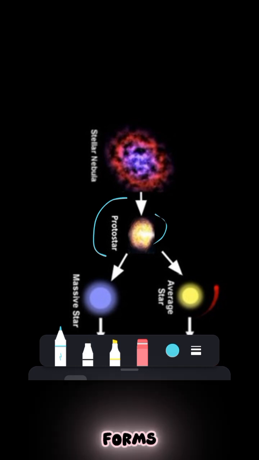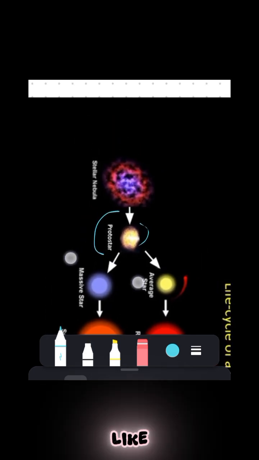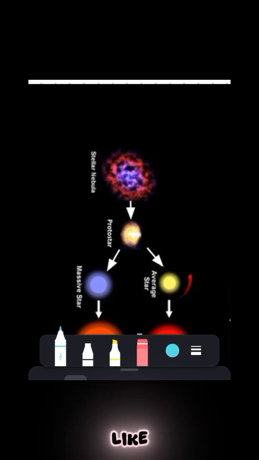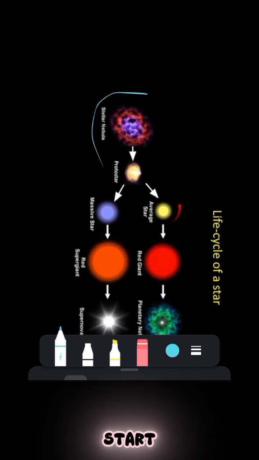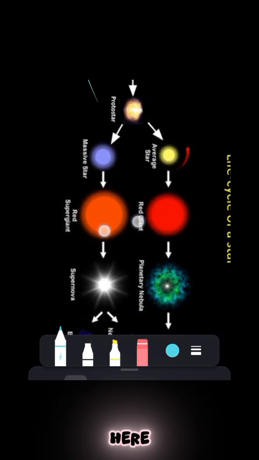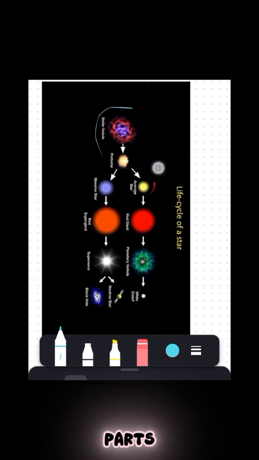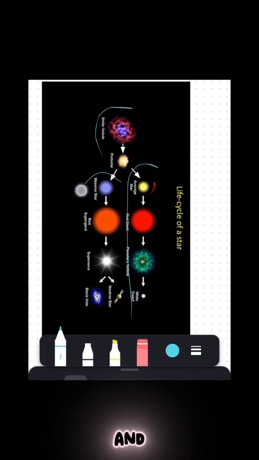It forms a baby star, and after this the stage is a growing star, a stage where stars grow. That was how they start. But after this, you can see it divides into two parts. One path is here, and the second path is here. Why is it distributed into two parts?